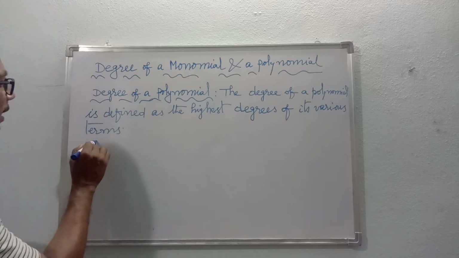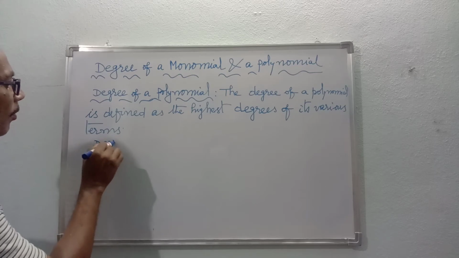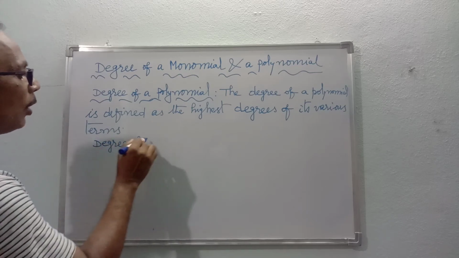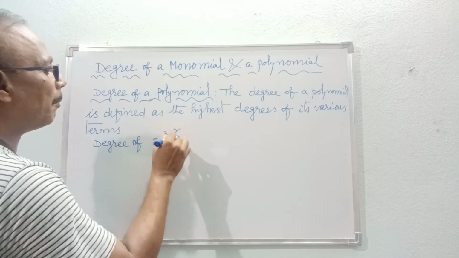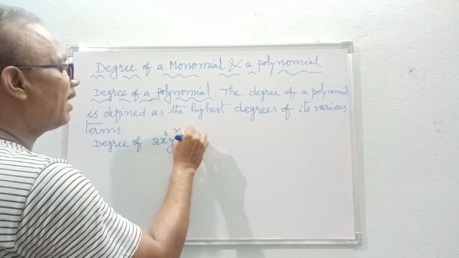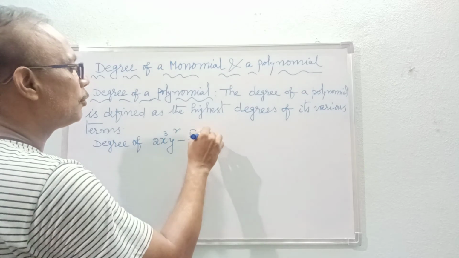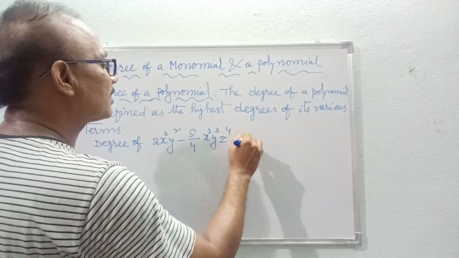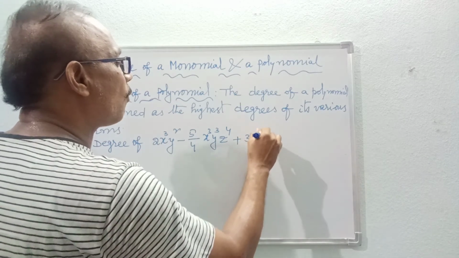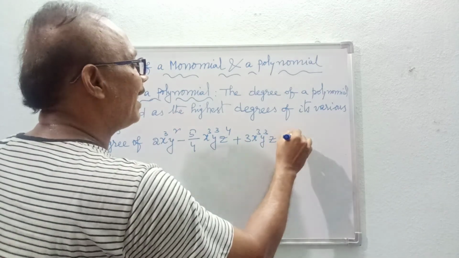Let us try to find the degree of 2x cube y square minus 5 by 4 x cube y cube z power 4 plus 3x cube y cube z minus 6.